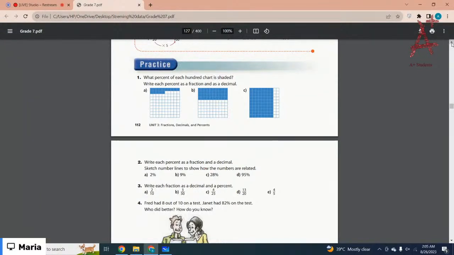So you have to look at how much portion is shaded. When you look at the A part, you can just count the colored portion.